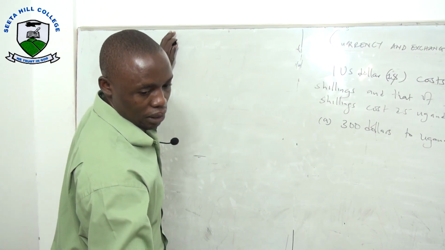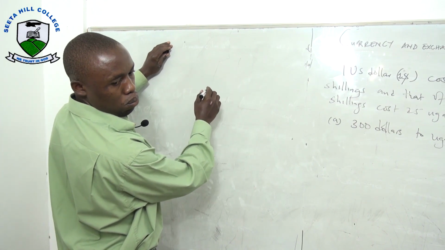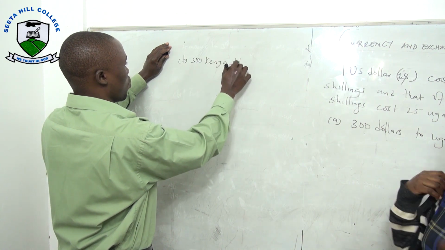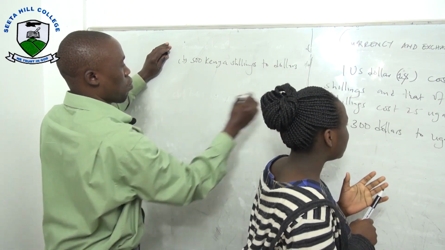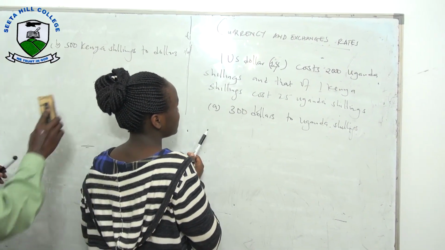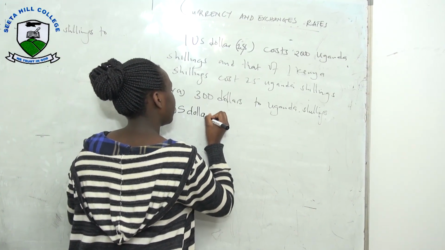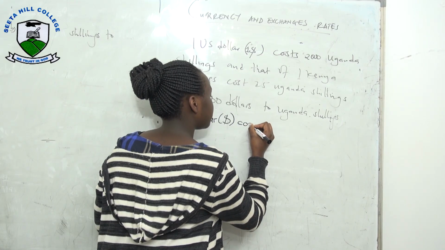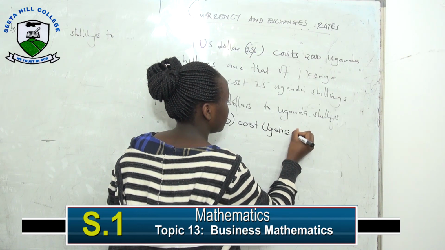They've asked us to change $300 to Uganda shillings. Remember, as the question said, $1 US costs 2,000 Uganda shillings.